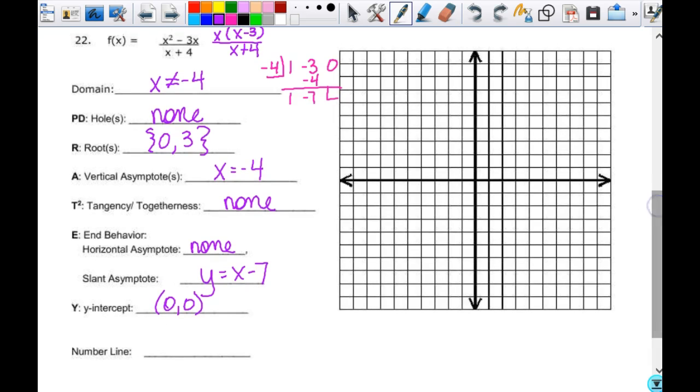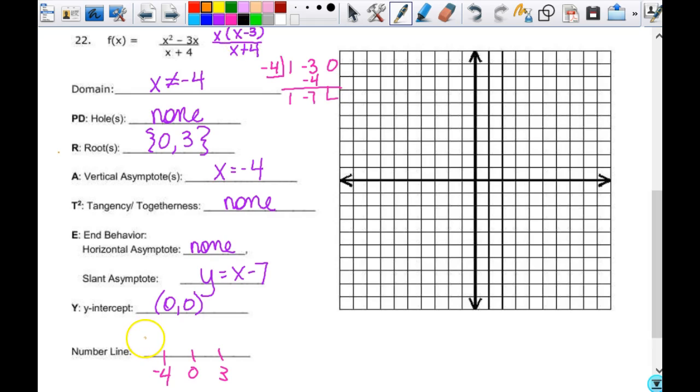I'm going to do my little number line. So on here, I'm going to put my roots, which are 0 and 3. And then this is at negative 4. So if I plug in a negative 5, and you could use either one of these to figure this out, I prefer this one, though, because I can just look at the signs and not worry about the numbers.